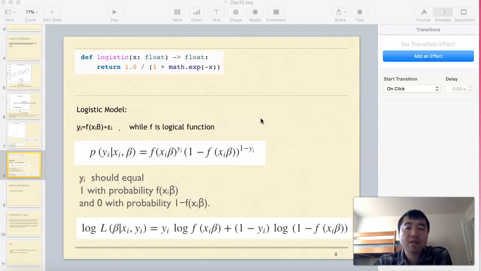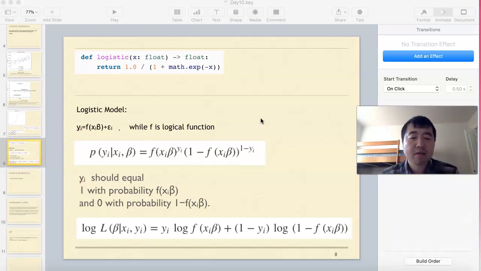And of course, with this probability function, in order to maximize the result, it's better to take a log. So we can take a log, and with the property of the log and the multiplication, we can get the formula. This formula is here. So any beta that maximizes the log likelihood also maximizes the likelihood.